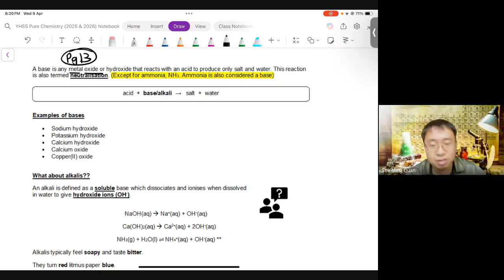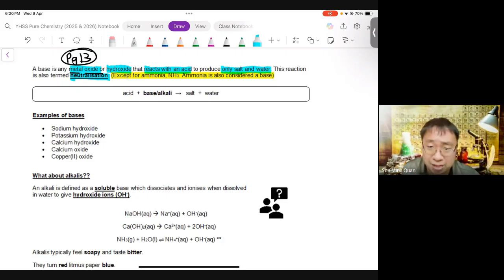For instance, calcium hydroxide, sodium hydroxide. Okay, these are all bases. So it's defined as a metal oxide or hydroxide that reacts with an acid to produce only salt and water. This reaction is, of course, called neutralization. All right, so this is how bases are defined.